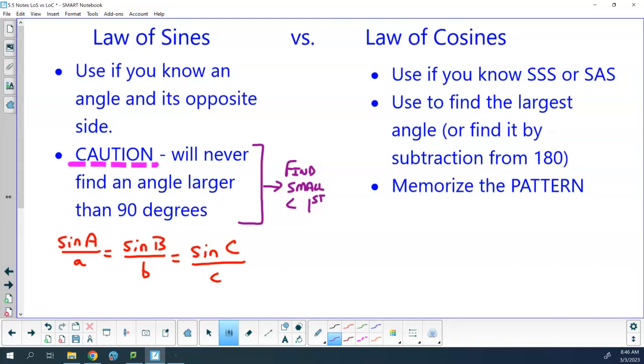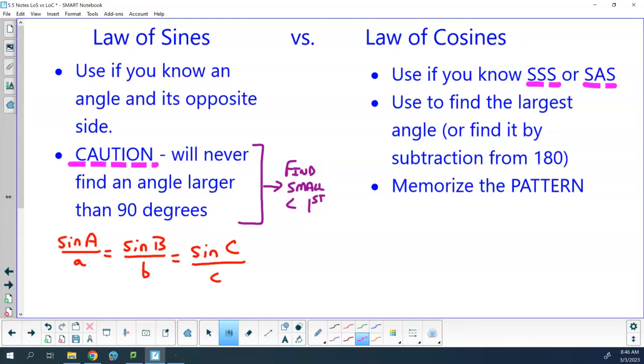Law of cosines. You only have to use the law of cosines if you're in a side angle side case. That's the only time that you have to use the law of cosines, and you should only have to use it once, because when you apply the law of cosines, that gives you that opposite side, or that gets you an angle that then opens up the law of sines.